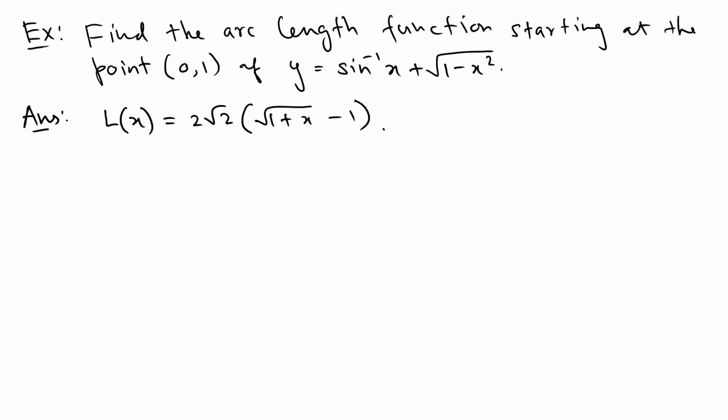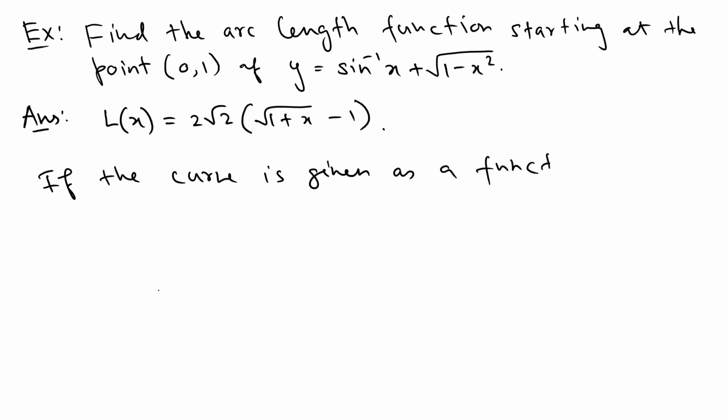Now, what happens sometimes is that here y is given as a function of x. How about the other way around? Let's say the curve is given as a function of y, so x is given as a function of y.